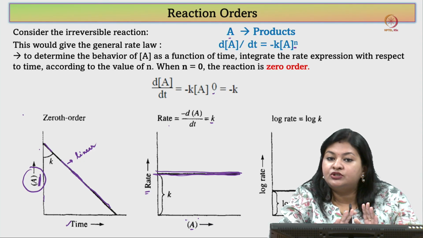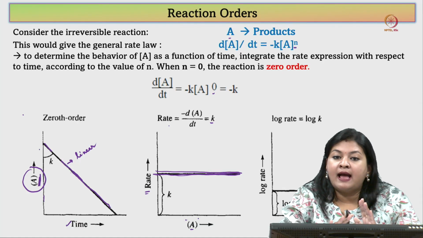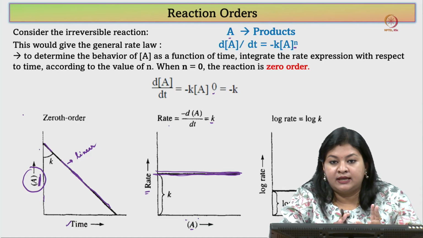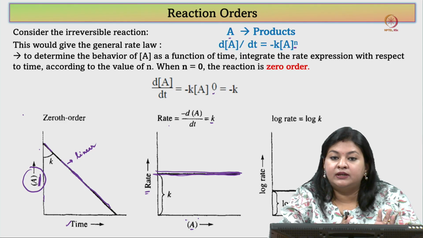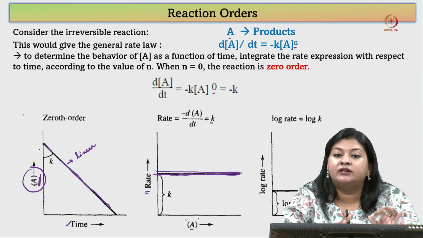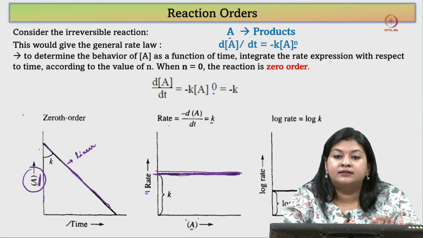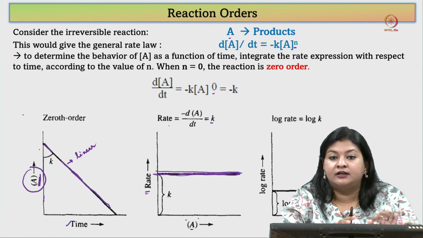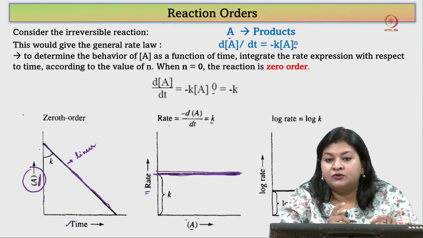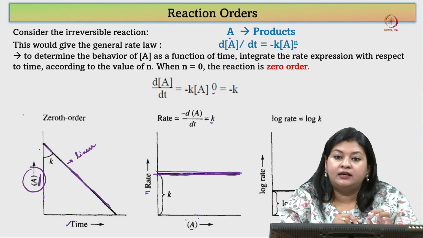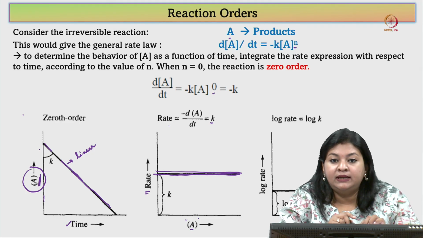There is no change if I add A, that is my reactant. There is no change in the reaction rate. My reaction does not move any faster if I increase my reactant. So, it is independent of my reactant, particularly A.